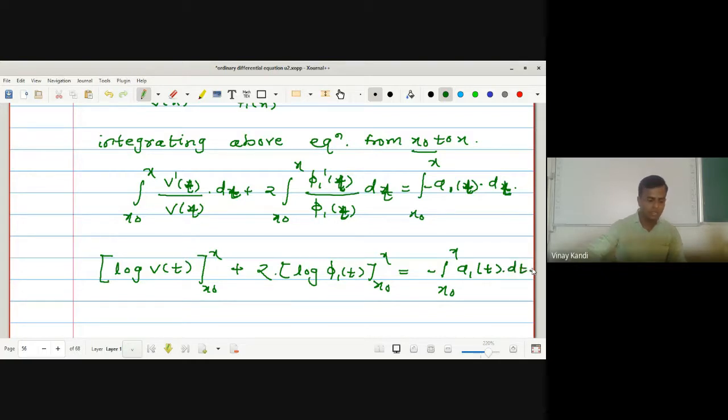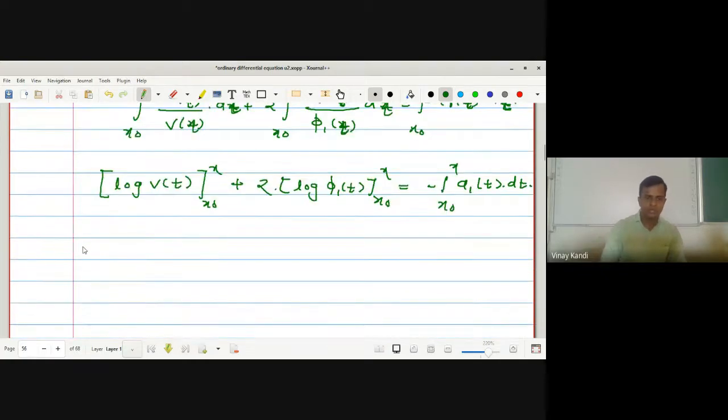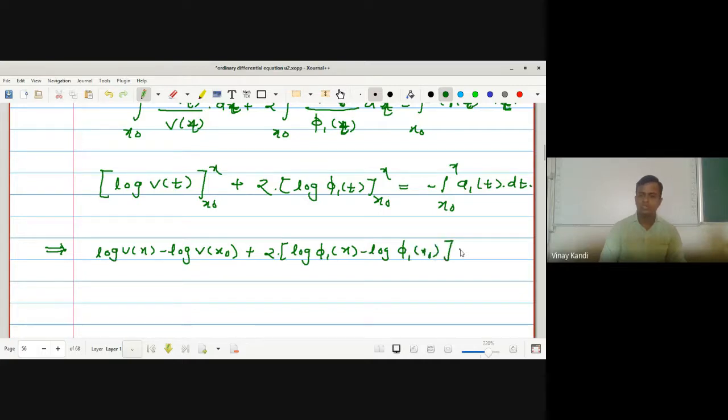Okay, so here we get, which implies log of v of x minus log of v of x naught plus 2 into bracket log of phi 1 of x minus log of phi 1 of x naught, which is equal to minus integration x naught to x.